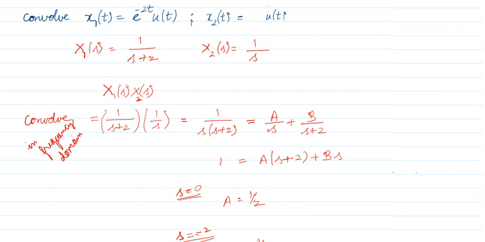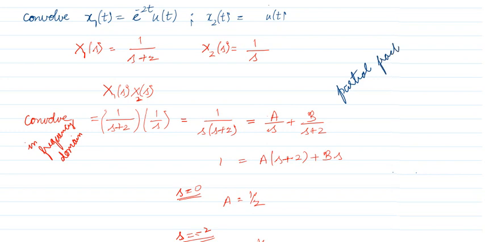So 1 by s into s plus 2 is equal to A by s plus B by s plus 2. Now solve for A and B. I am writing this using partial fractions, which will be very clear in partial fraction.